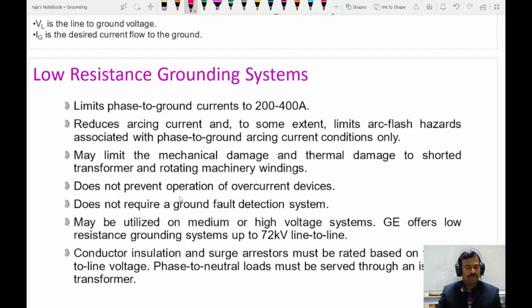The overcurrent devices would open during the fault because the current is still higher. There is no need for a ground fault detection system in a low resistance grounding system, because overcurrent devices can identify the fault and open the system.